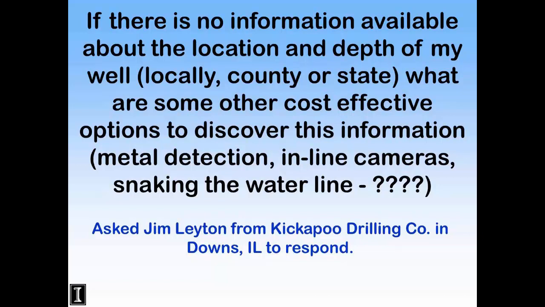And he suggested, I'm going to find his notes here, the first thing to do is to take apart the plumbing, and if you can locate a wire that comes into the house, you can charge that, so to speak, and then you can use a device to follow that out to your well. If that's not possible, you can determine where your pipe is coming out of your house, and worst case would be that you dig that up and then follow it, and that's certainly not ideal.